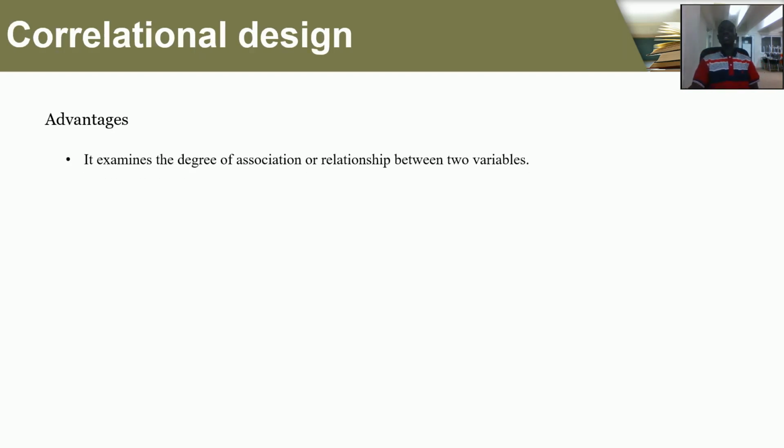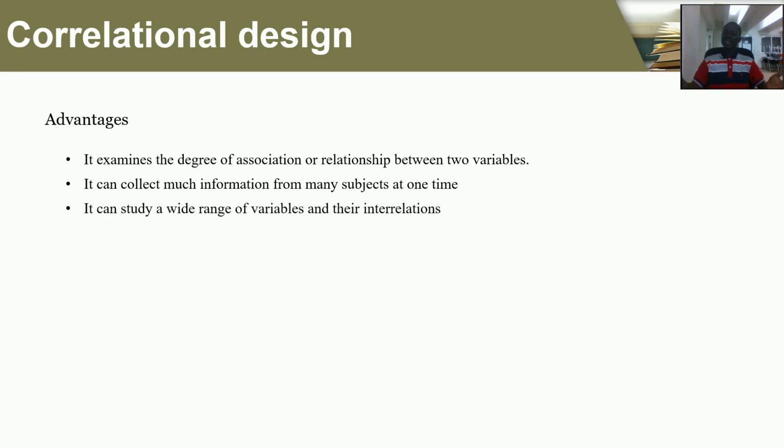Looking at the advantages of the correlational design, it examines the degree of association or relationship between two or more variables. It can collect much information from many subjects at one particular instant or time. It can study a wide range of variables and their interrelationship.